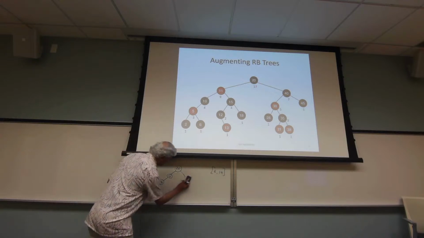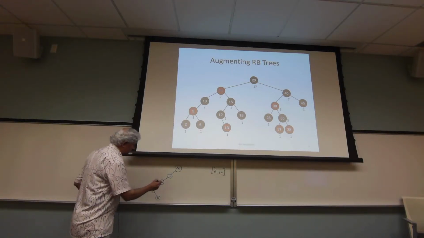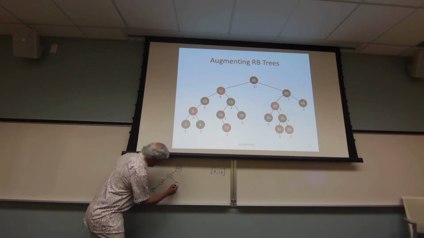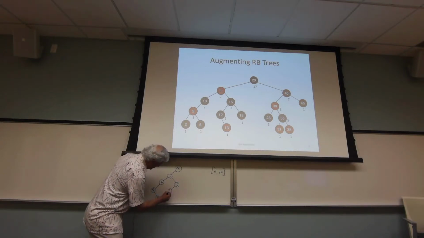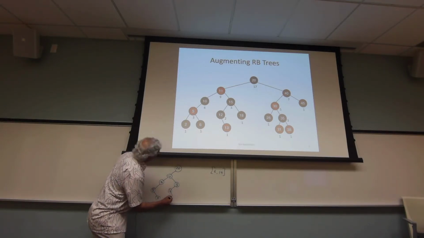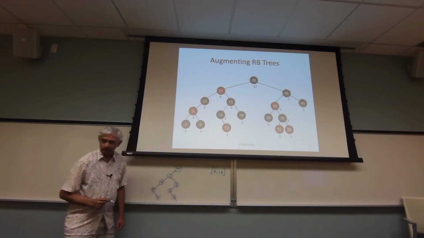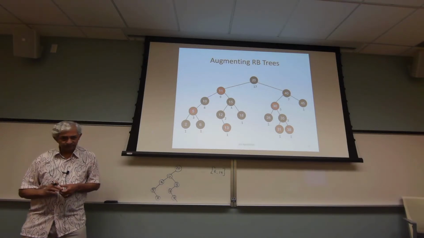I shouldn't be going this side. 14 is to the left of 20. So I'm going to go left to 11. Then I'm going to go to 15. And then I'm going to go to the left of it to 12. And then I'm going to go to the right of it, which is 13. And then somewhere here, I'm going to stop because 14 is not in the tree, right?